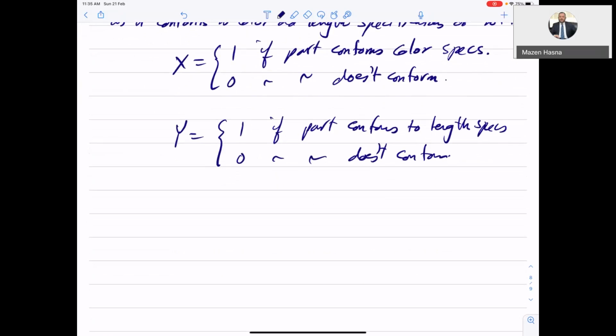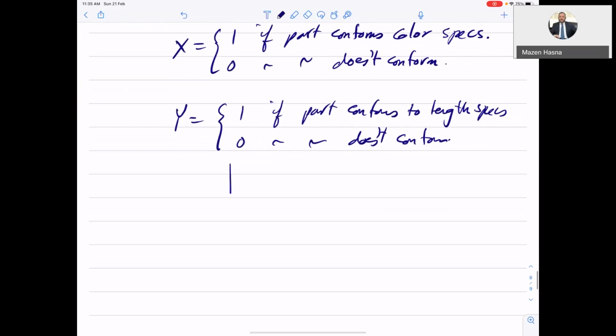And we are given the joint distribution. The joint distribution is given like this. So this is x, this is y, and they are both 0 with probability 0.0002.